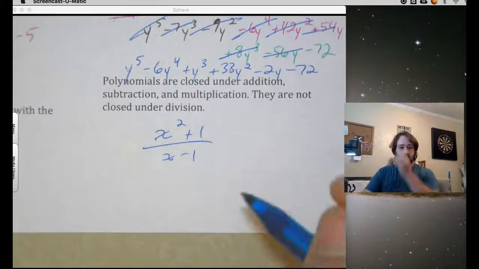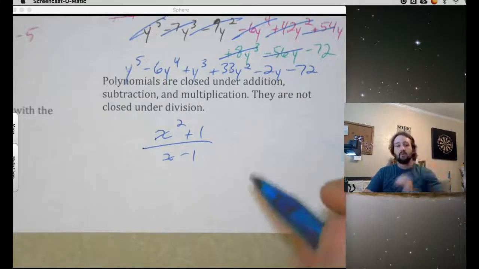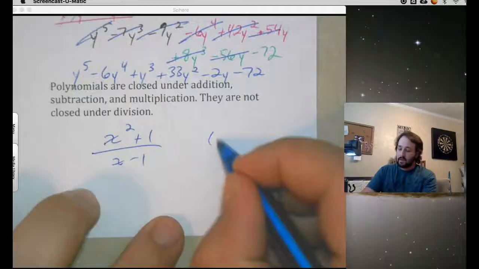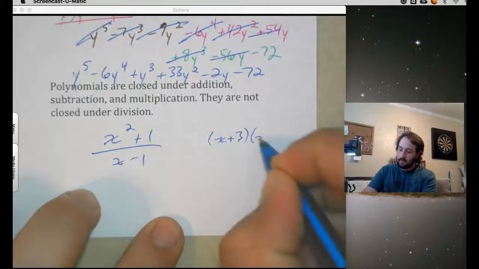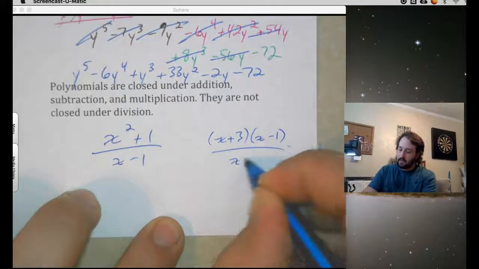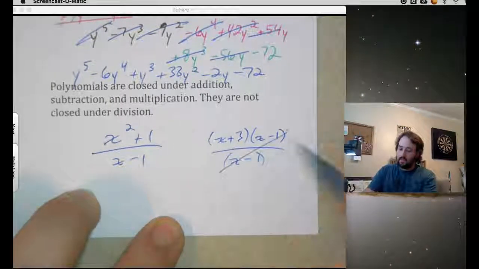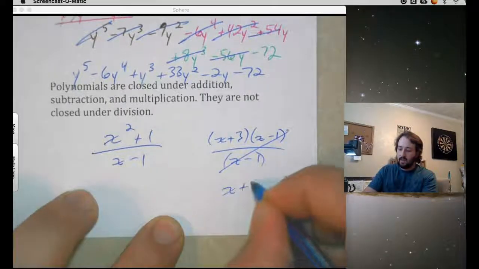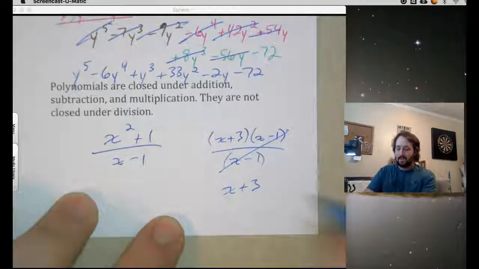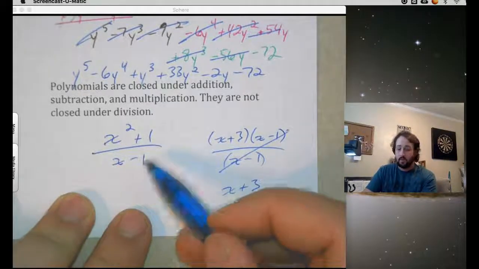The only way this simplifies is if we have common factors in the numerator and denominator, something like this, because then we have this common factor, and then it would stay a polynomial, but it doesn't always. This one does not. This one, there's nothing we can do.